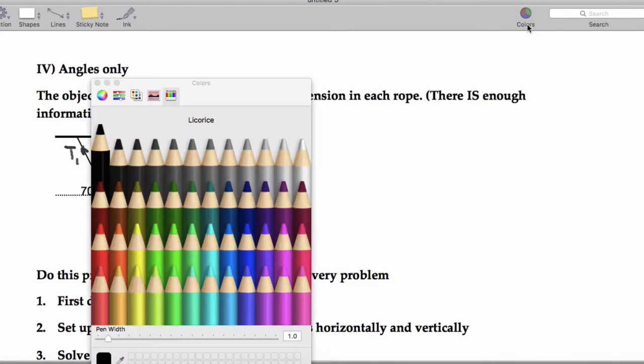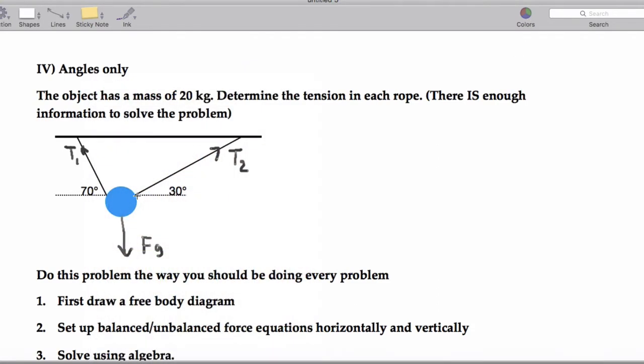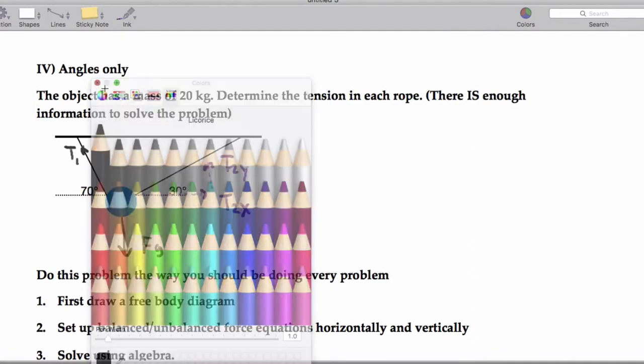Now what we're going to do is split T1 and T2 into their respective components. So we'll have T2x pointing this way, and I think I might just move this here. Let me just really quickly draw T2y right here, and let me go back and relabel.